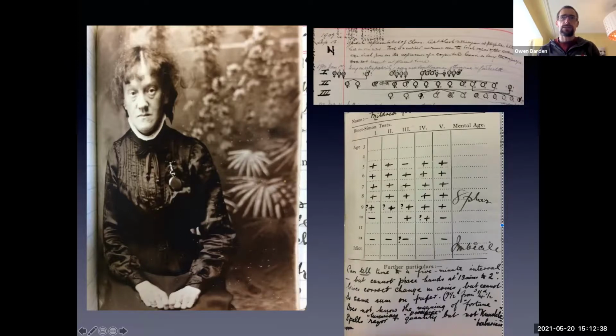So it says things like, can tell the time to a 5-minute interval, but cannot place hands at 13 minutes to 2 on the clock. Gives correct change in coins, but cannot do the same sum on paper, and so on. So those are the kinds of tests of intelligence that people underwent. And on the right-hand side here, you can see there's an actual diagnosis of imbecile. So this lady has been diagnosed as an imbecile as a result of this test.